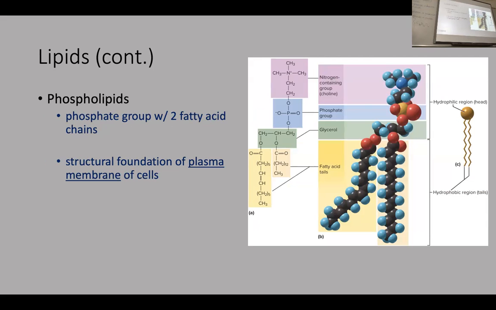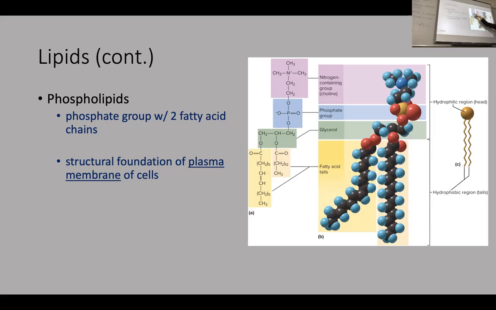Now we have fatty acid chains still. So we have these 2 tails coming off are fatty acid chains, so carbons and hydrogens. You still have glycerol as kind of a backbone here, so 3 carbons you can see. But then up top you have a phosphate group. I'm not going to talk about the nitrogen even, but phosphate makes it the phospholipid. So here's our phosphate group.